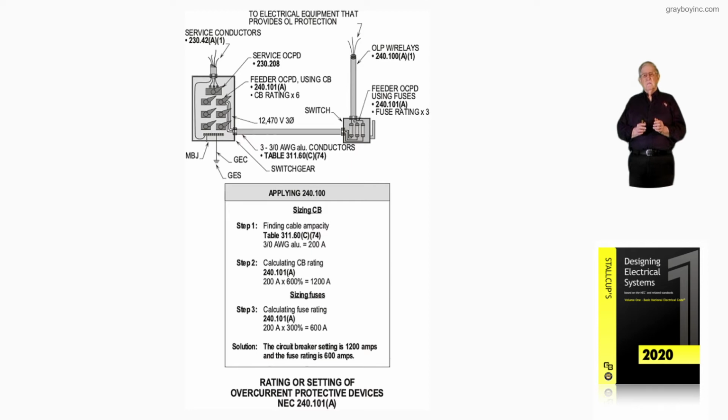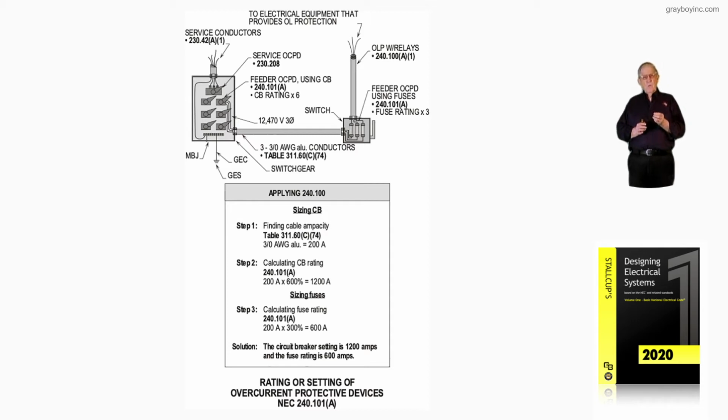Now, notice with the information above in the illustration, we have a feeder overcurrent device using CBs, and we know if a transformer is involved, then 450.3(A) will reference 240.4 and 240.21 for systems of 1,000 volts or less.